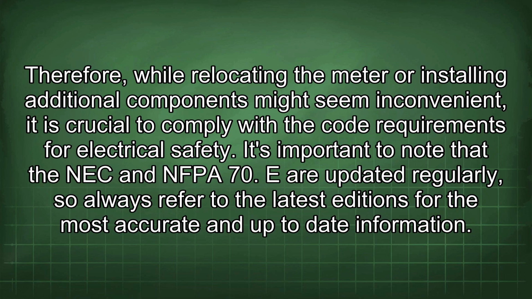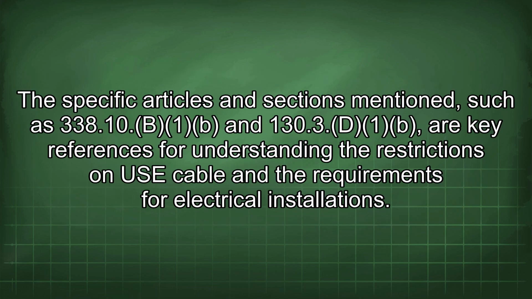It's important to note that the NEC and NFPA 70E are updated regularly, so always refer to the latest editions for the most accurate and up-to-date information. The specific articles and sections mentioned, such as 338.10(B)(1) and 130.3(D)(1), are key references for understanding the restrictions on USE cable and the requirements for electrical installations.